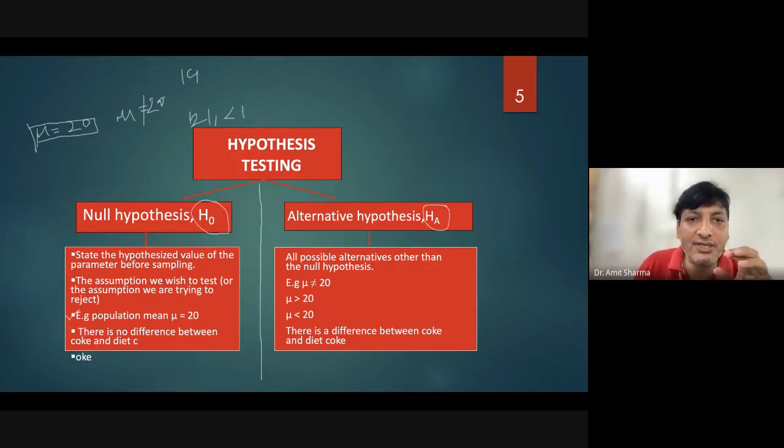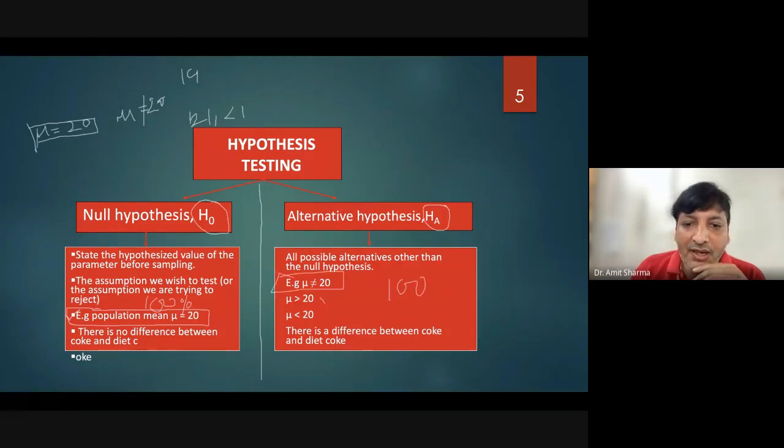On one side you are quoting only one answer, that the mean is equivalent to 20. On the other side you are rejecting it, but you are sure about this too. On both sides you are sure. In the null hypothesis, you are 100% sure that the mean of the population is equivalent to 20. In the alternative hypothesis, you are also 100% sure that the mean is not equivalent to 20.